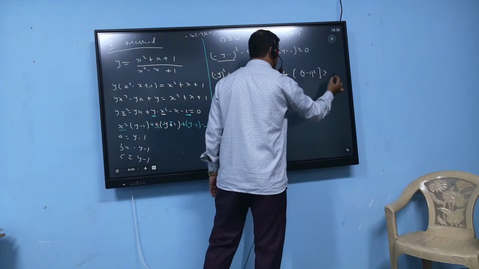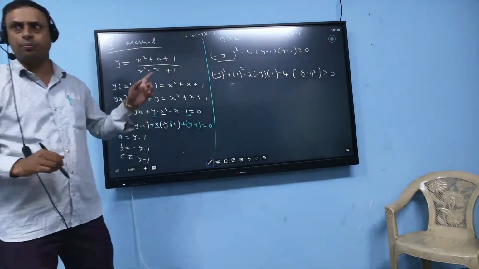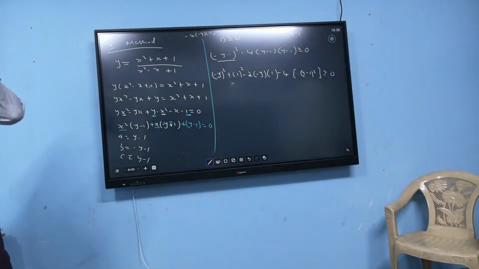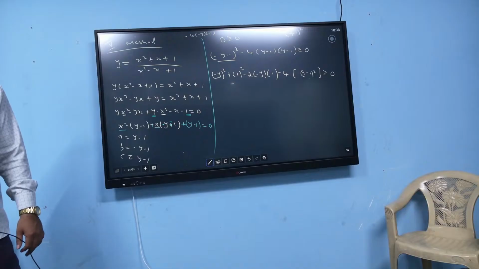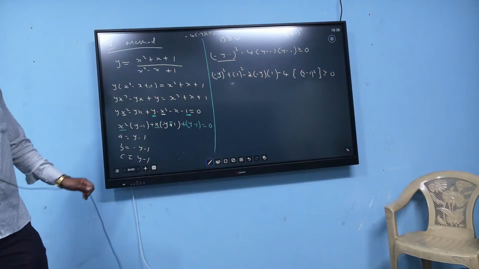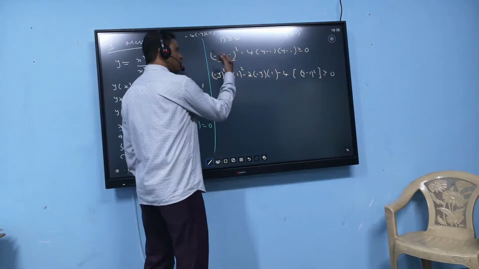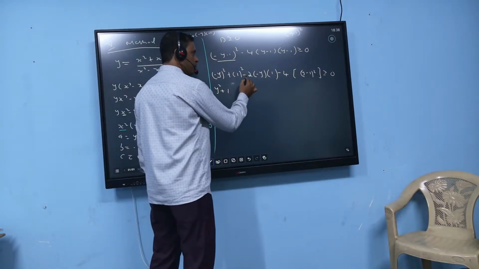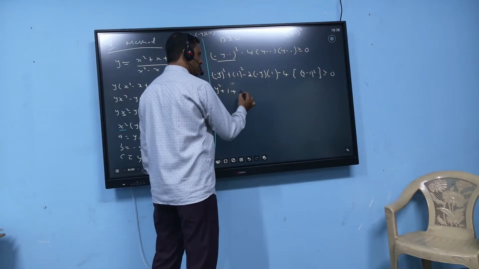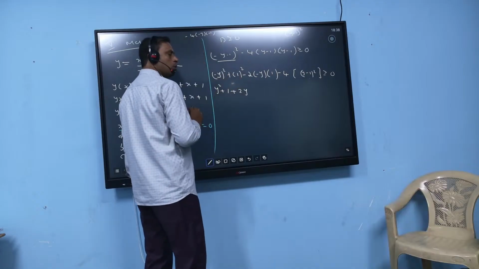Till here what was it? Any doubt? Any doubt in this step? Speak up. Anybody have doubt? Okay. Now minus y whole squared is what? Y squared plus 1 minus into minus plus 2y. Is this okay?